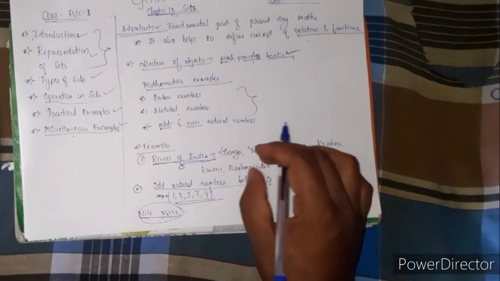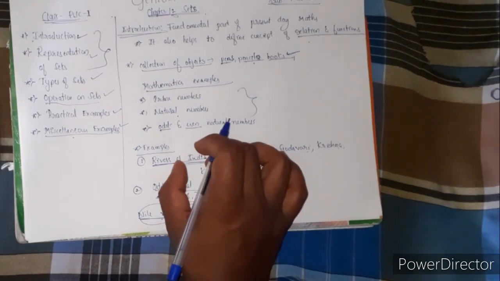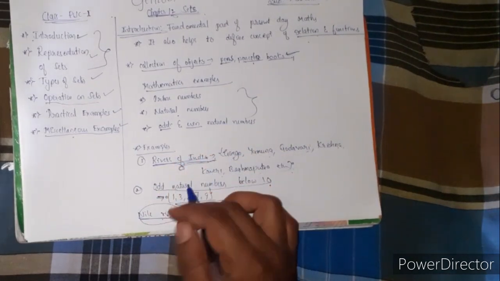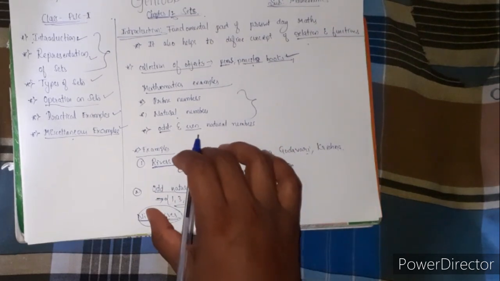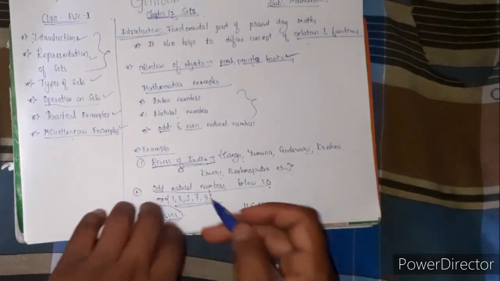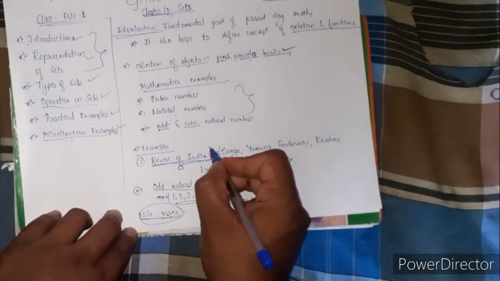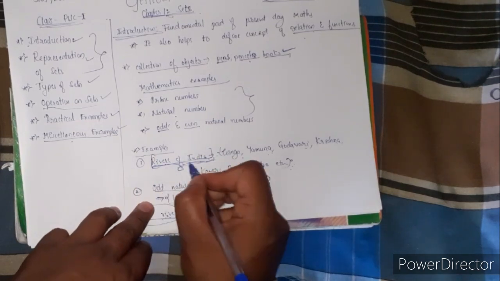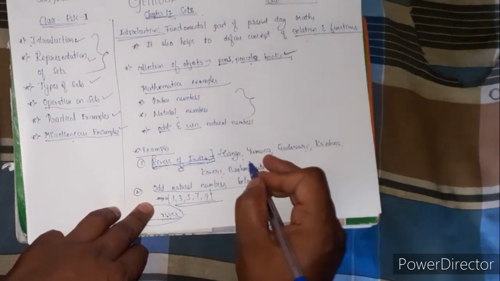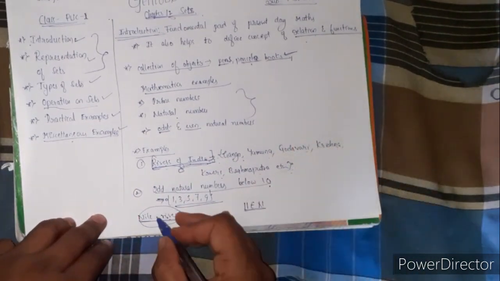If I consider Nile, which is not a river of India, I can easily say which are the rivers of India and which are not. So this set is well defined with this concept of rivers of India.